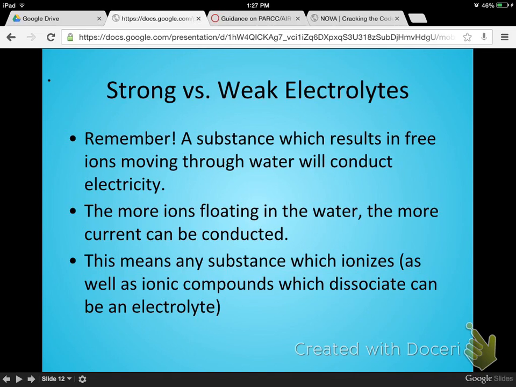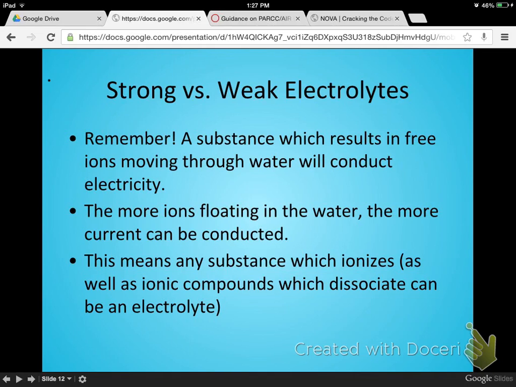Yes or no? The more ions that are floating in water, the more easily current is conducted. Stronger electrolytes have a better ability to conduct current. Anything that ionizes or dissociates is an electrolyte.